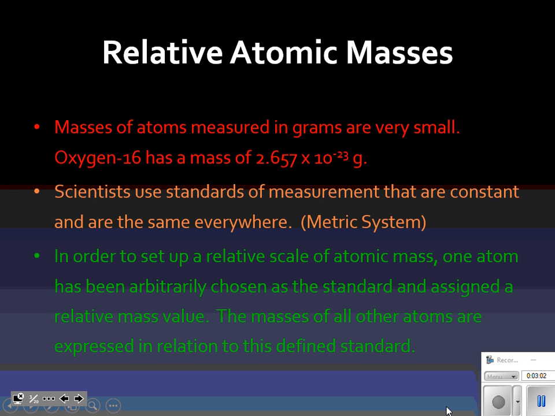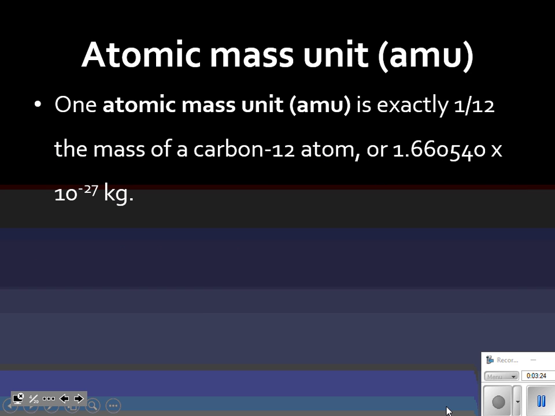In order to set up a relative scale of atomic mass, we have to arbitrarily choose a standard. So we have to base the relative mass on one substance, and all the other masses are expressed by how they relate to that particular substance. So when we deal with the atomic relative mass, we base that on carbon-12.